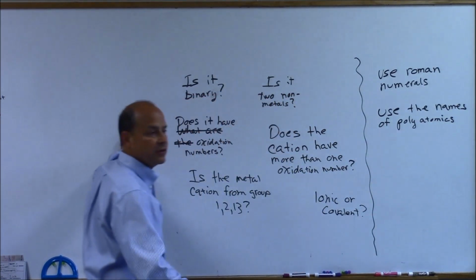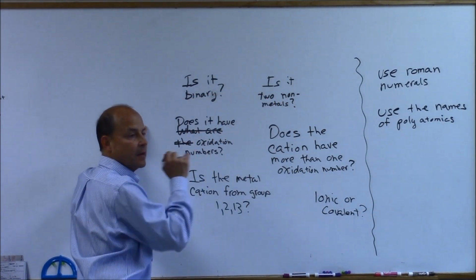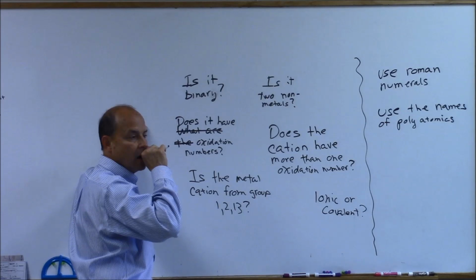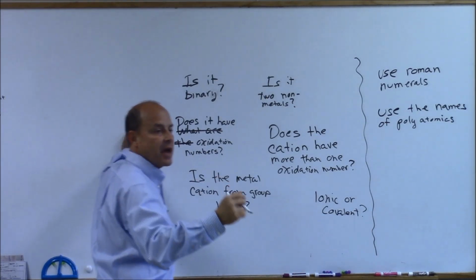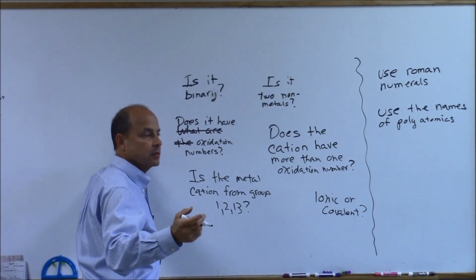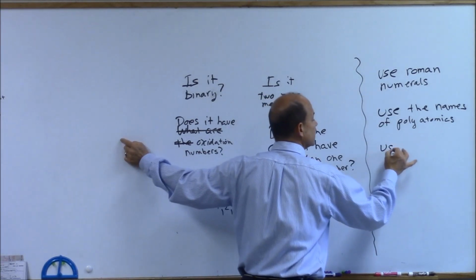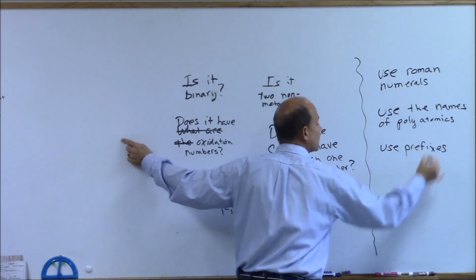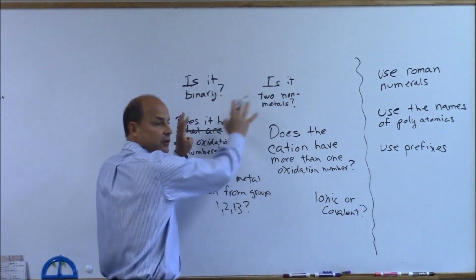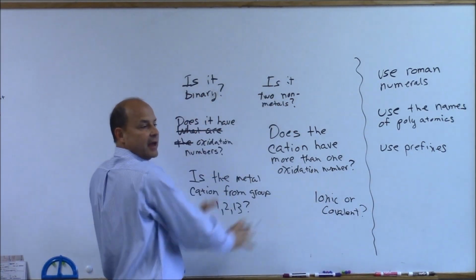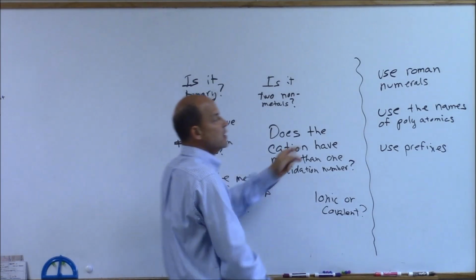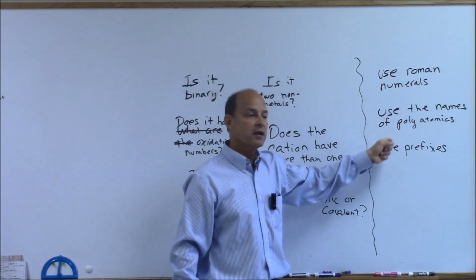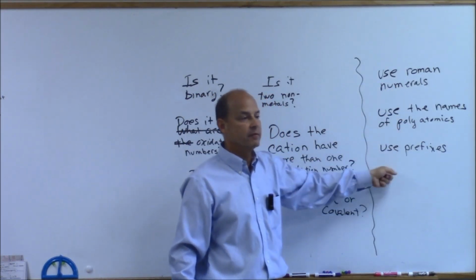Okay, anybody else see something that we haven't got up here yet? If it's a type 3, how do we name it? With prefixes. Use prefixes. So if you know what type it is, and you can figure the type out by answering some of these questions here, then you have a strategy for naming them, right?